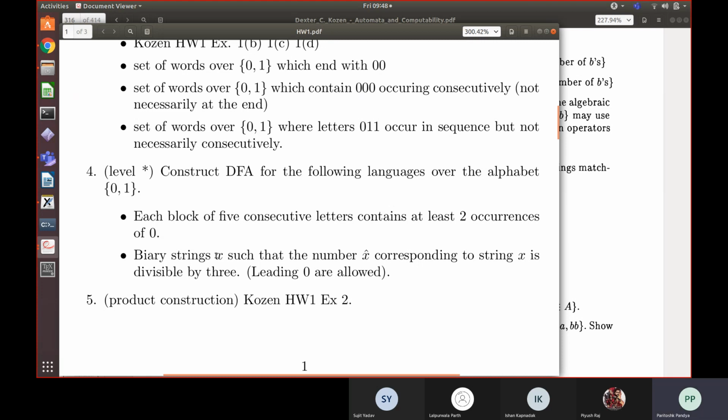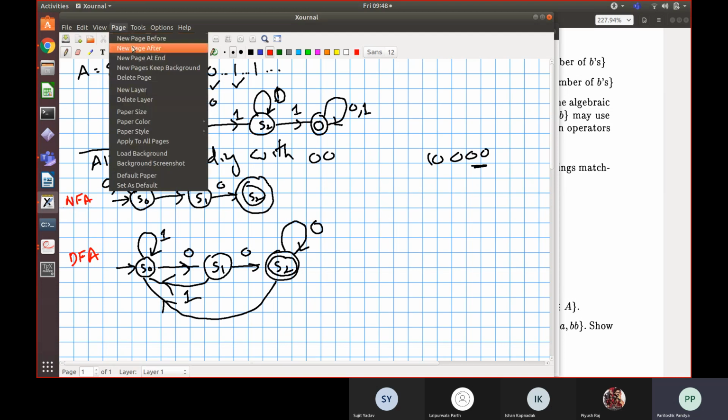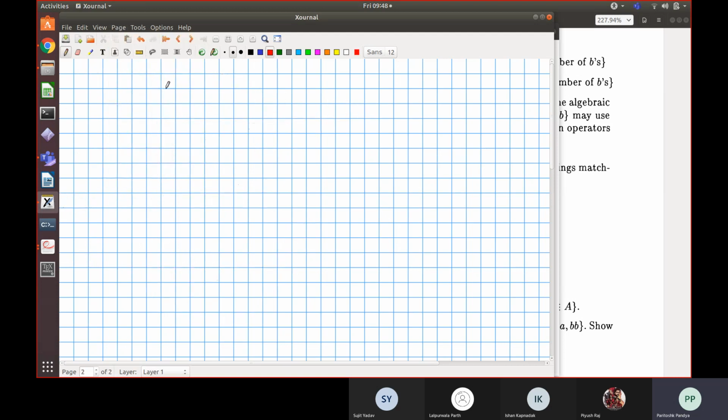Okay, so binary strings X, that is strings over letters 0 and 1, such that each binary string represents a number which is denoted by X hat. Correct? So let me open this. Let me start a new page. So what we want is binary strings, binary numbers, right? What is a binary number?